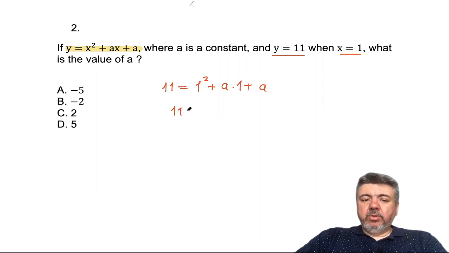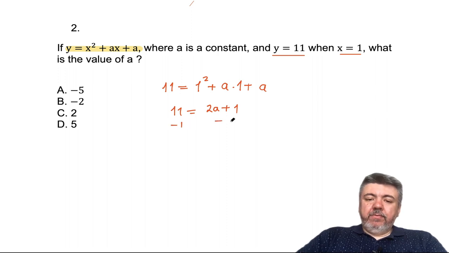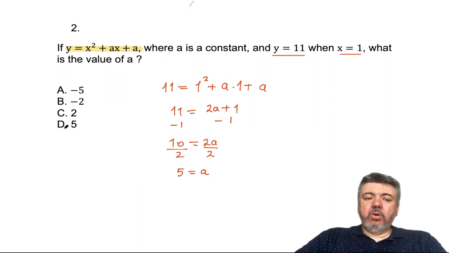So 11 equals 2a plus 1 squared, which is 1. So subtract 1 from both sides. It's going to be 10 on the left and 2a on the right, and divide by 2. So 5 here and a here. So our a value is 5.